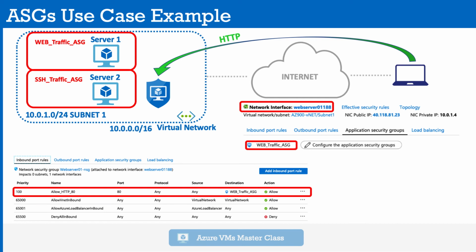So HTTP traffic coming from anywhere going to virtual machines that have the web traffic ASG applied. And because server 2, even if it's also configured as an HTTP server, doesn't have the web traffic ASG applied, it will not accept any HTTP traffic, so only server 1. So that's the logic behind the scenes.